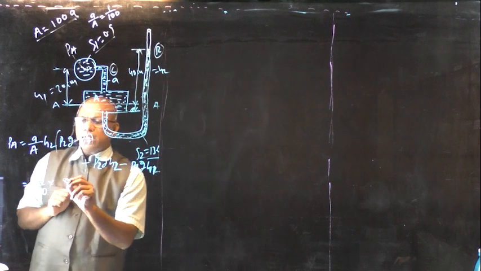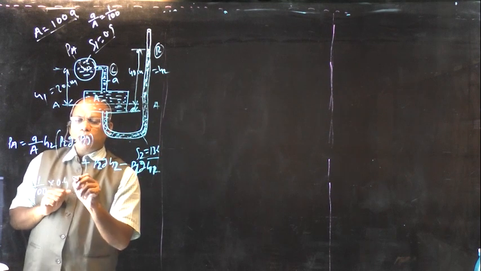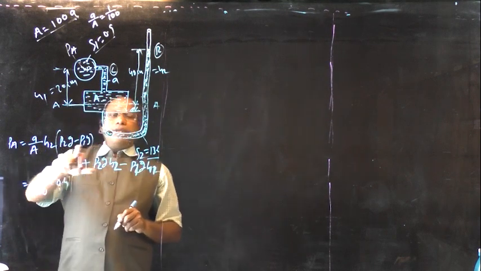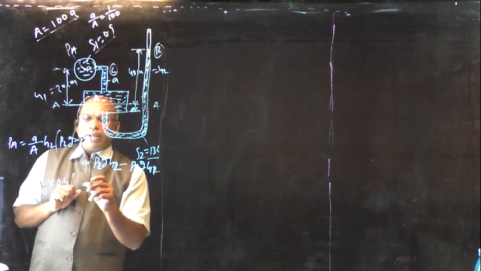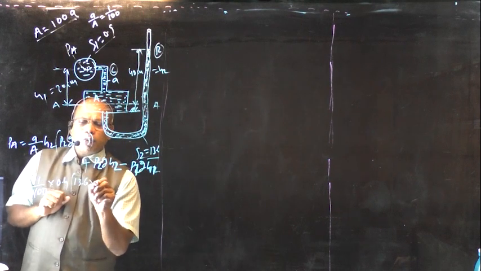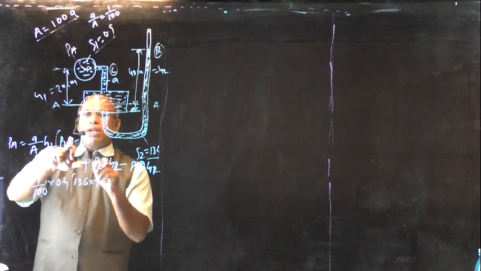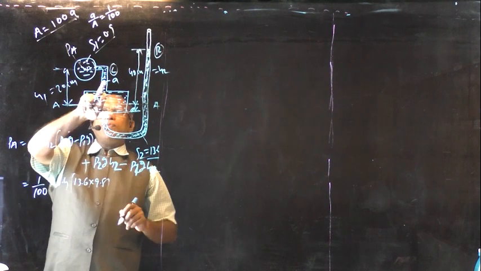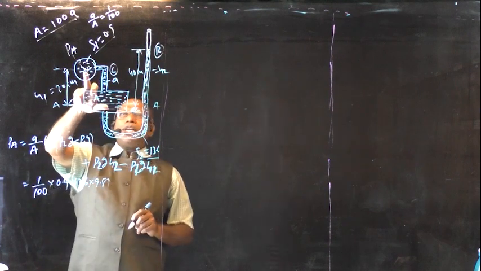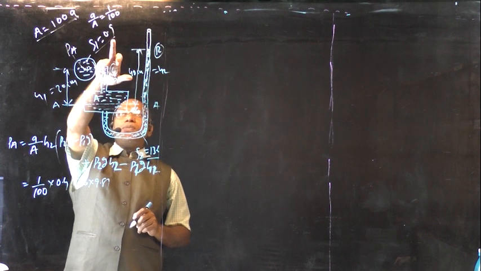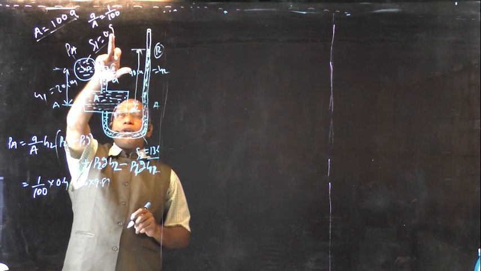H2 is 40 centimeters, that means 0.4, into density of the manometer liquid, that is 13.6 into 9.81, the g value. Density of the flowing liquid is not given. The specific gravity of the flowing liquid is given, 0.9.